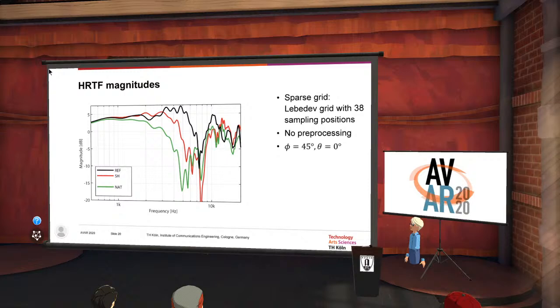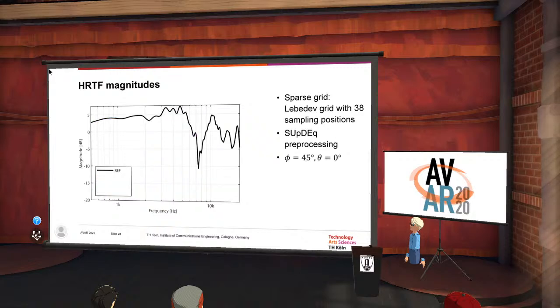But if we do the interpolation separately for magnitude and phase, and maybe you have in mind one of the sketches from the beginning, what the idea behind that is, we get something like that. Both curves match the reference much better, so it seems to be quite okay. So this interpolation separately for magnitude and phase seems to help.